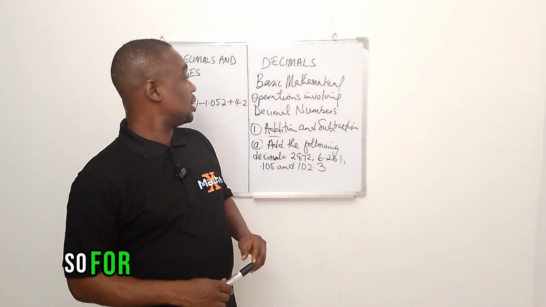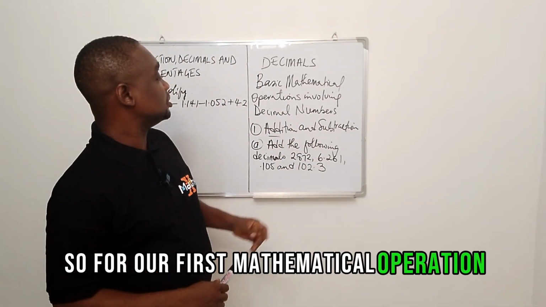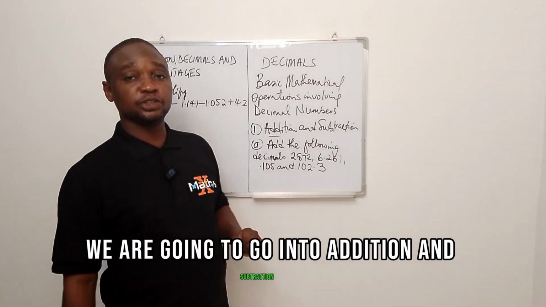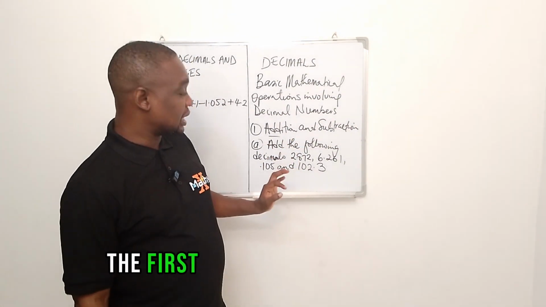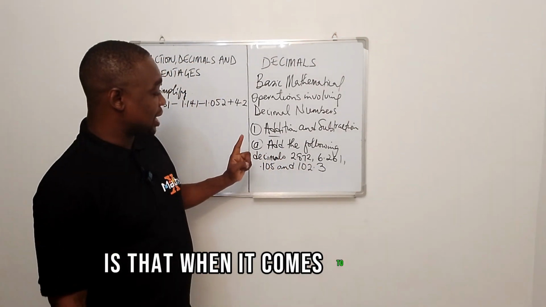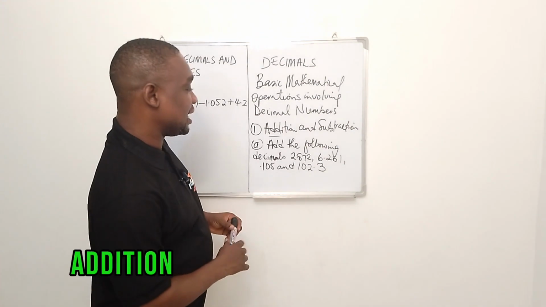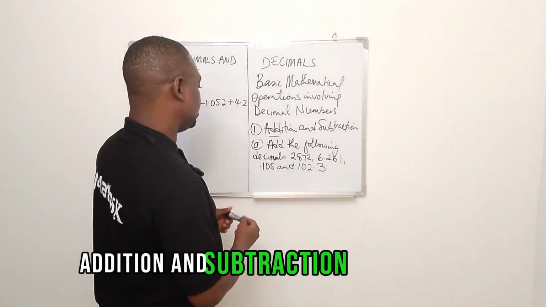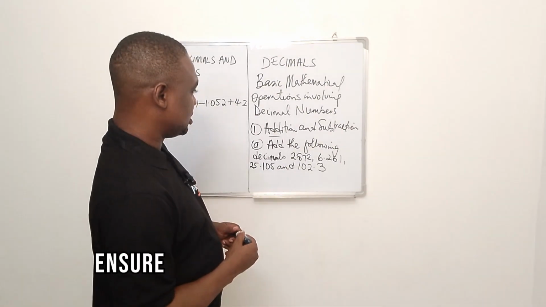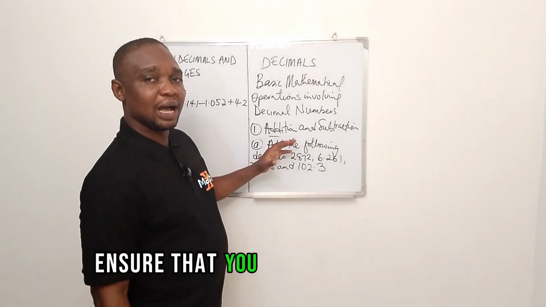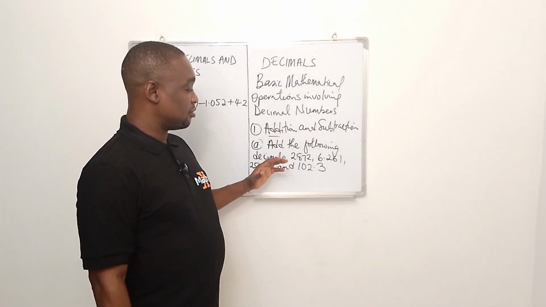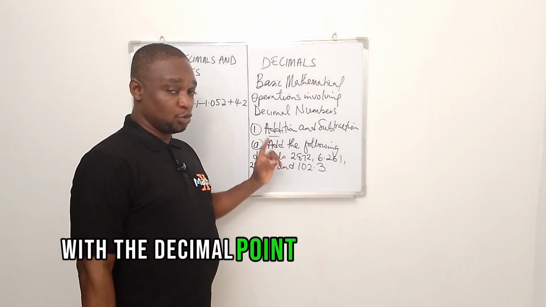So for our first mathematical operation involving decimal numbers, we are going to go into addition and subtraction. The first thing I want to tell my students and viewers is that when it comes to addition and subtraction, ensure that you align the numbers based on their place values using the decimal point.